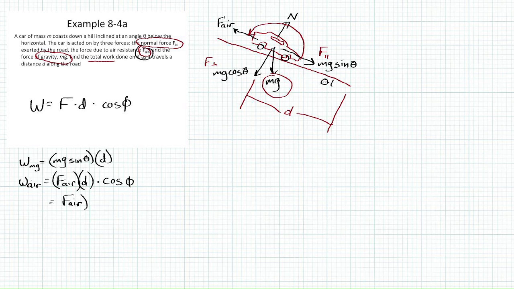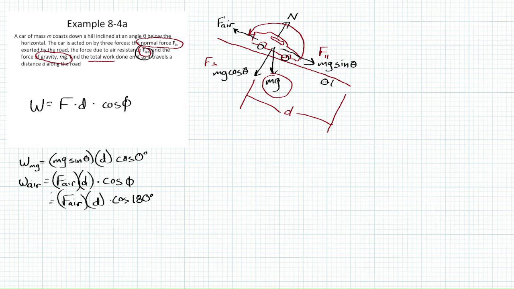F_air times our displacement times a cosine of 180 degrees. Which, by the way, I forgot to write up here for the work done by gravity: cosine of 0 degrees. Well, what is that? That's 1. The cosine of 0 is 1, so it doesn't change anything.